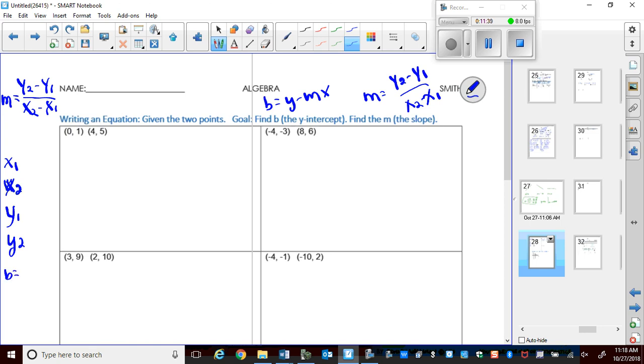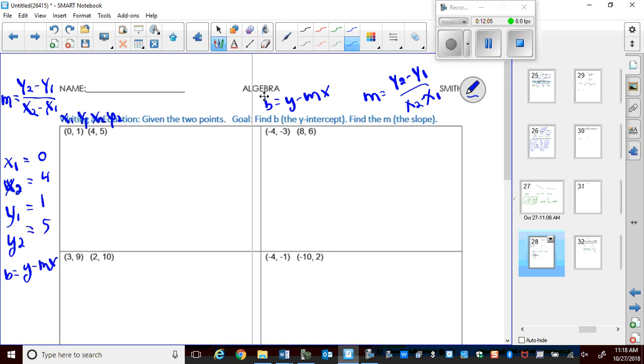And then b equals y minus mx. Okay? So we always use our first points in these formulas. But let's label first x1, y1, x2, y2. So we have x1 is 0, x2 is 4, y1 is 1, y2 is 5.